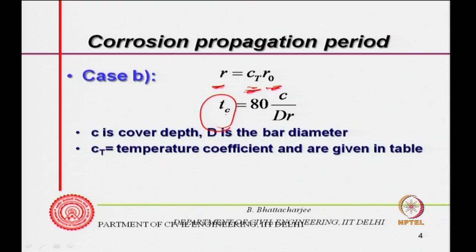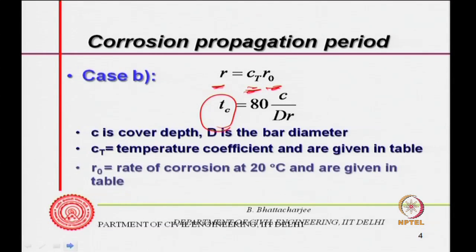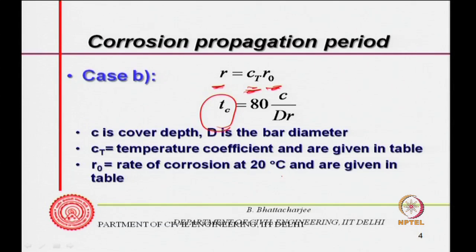So, TC you will get in terms of time. This is an empirical equation: C is the cover depth, d is the bar diameter, CT is the temperature coefficient, and this is valid for all three models. Those who have derived them have given a table for CT, and R 0, the rate of corrosion at 20 degree centigrade, is again given in a table.